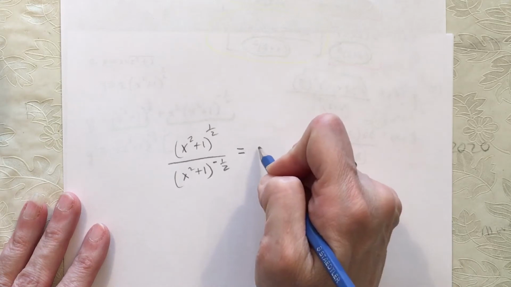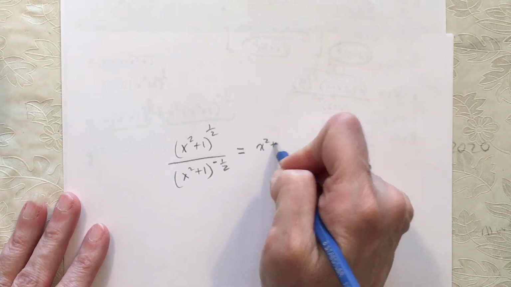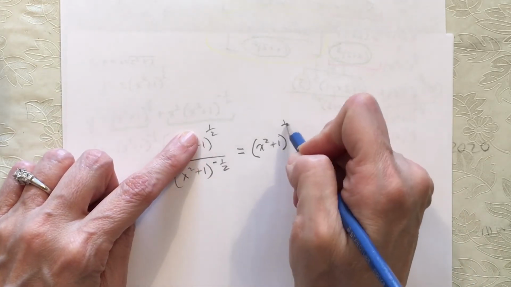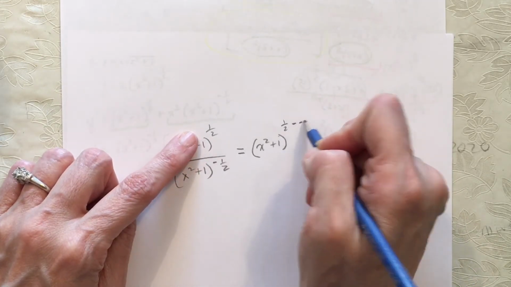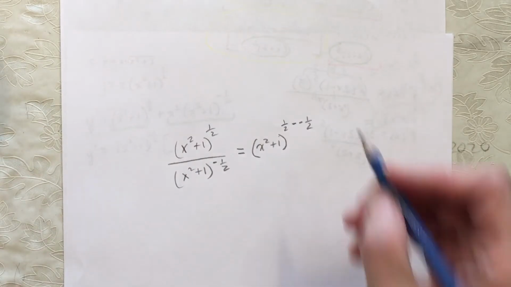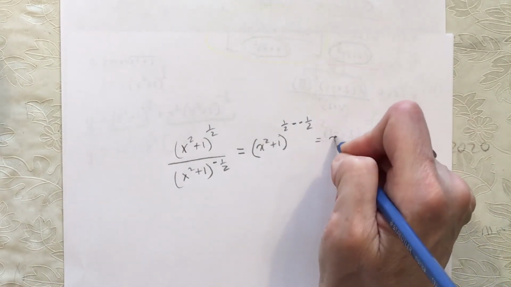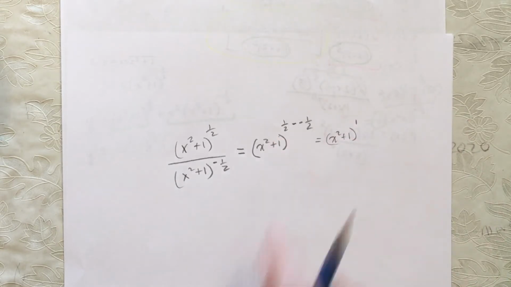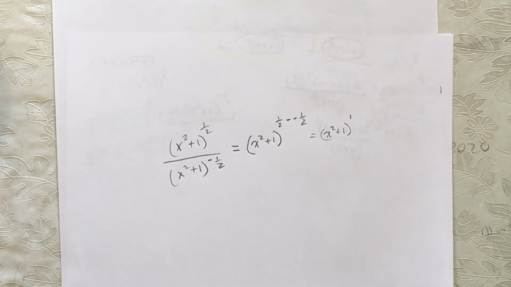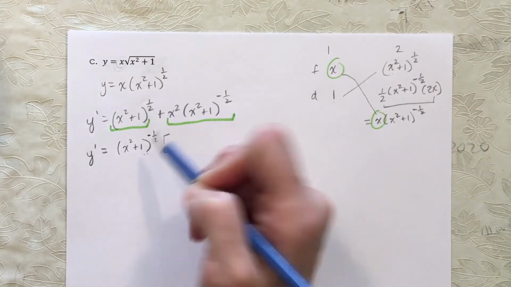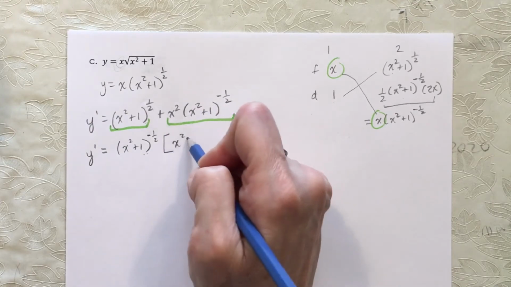I keep the base, which is x squared plus 1, and I subtract the exponents. So it's going to be a half subtract negative 1/2. Subtracting a negative is the same as adding, so I end up with x squared plus 1 to the 1. A half plus a half is 1. So that works out really nicely. When I divide this by the greatest common factor, I just get x squared plus 1.